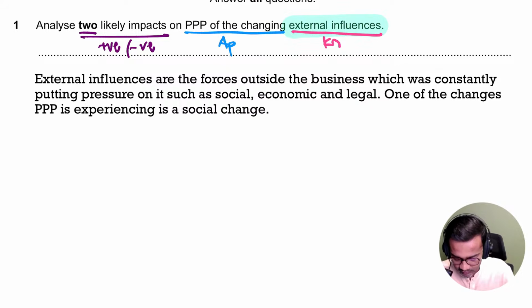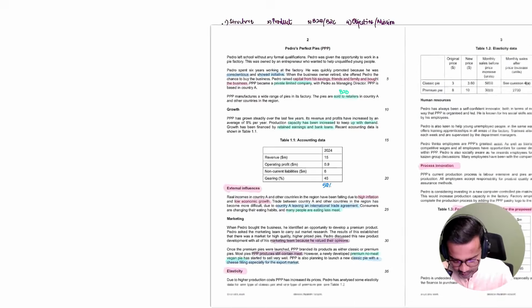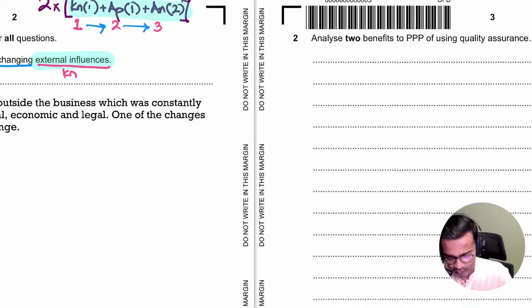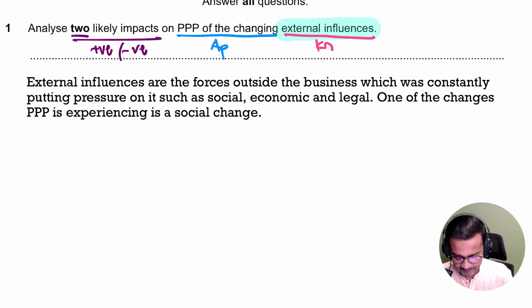And again, let me just show you what I'm referring to here. I'm going to refer to these 2 points here, that many people are eating less meat. Most of their products contain meat. However, they're developing a new vegan pie and a cheese filling pie. Okay, so this is what I'm going to use to develop my point here.